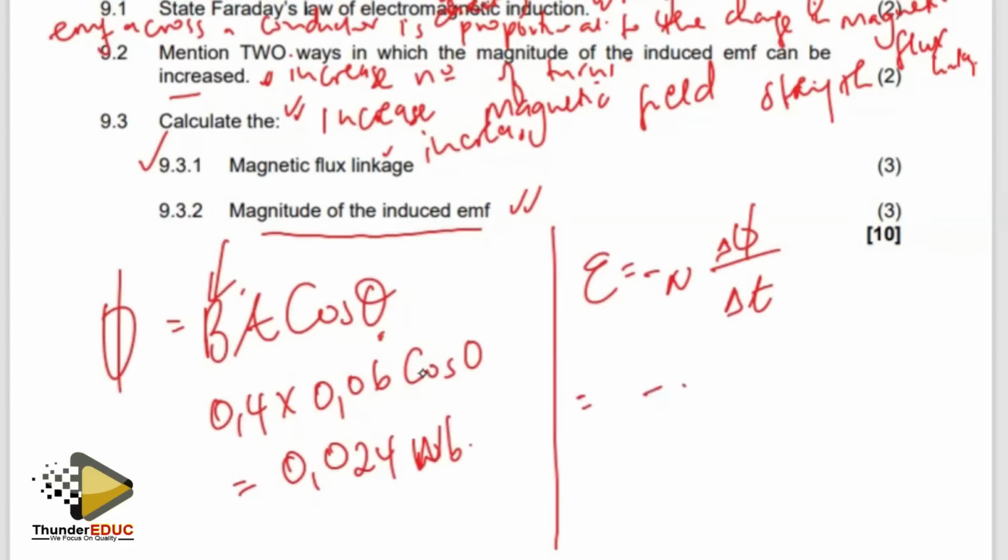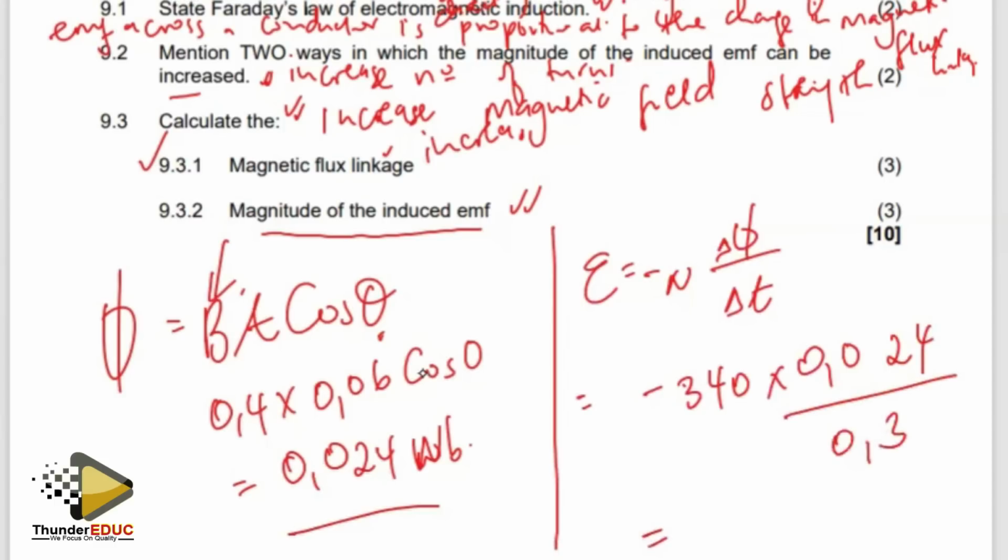We have 340 turns. We are multiplying it by the change in flux, which we got as 0,024, over the change in time, which is 0,3 seconds. So 340 times 0,024, the answer we divide by 0,3, which gives us 27,2.